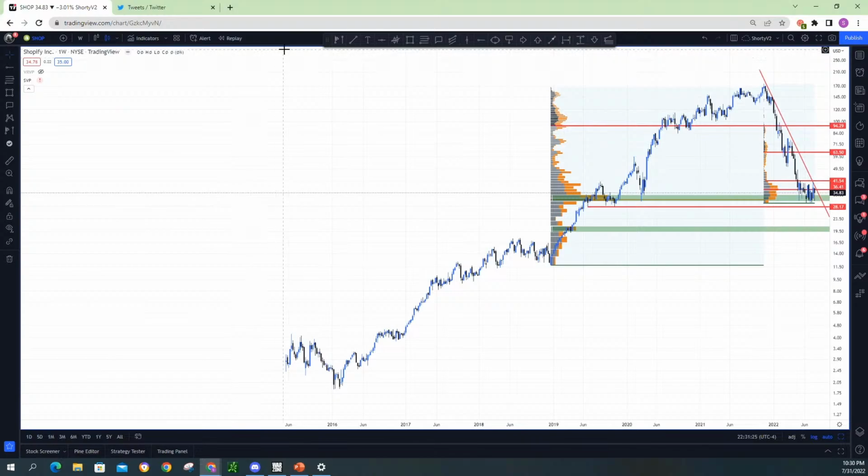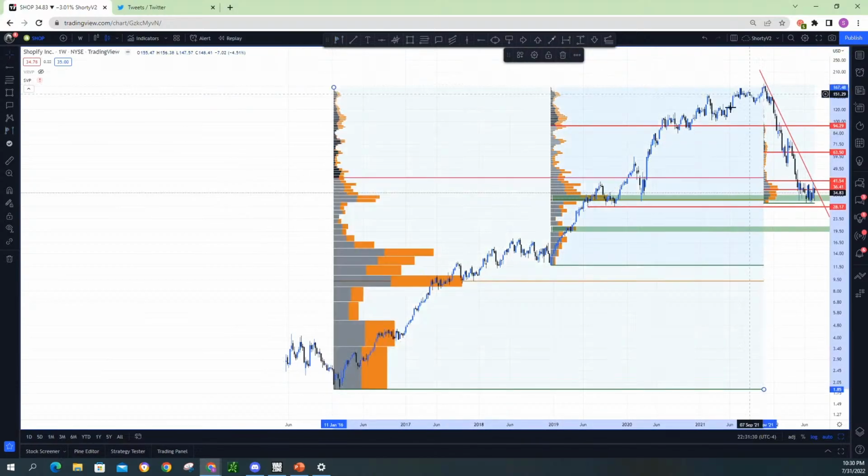This is a pretty crazy run here. And you guys see why I say the $20 is doable on it? Looking at this whole run, the average price they accumulated at was about $9, $10.